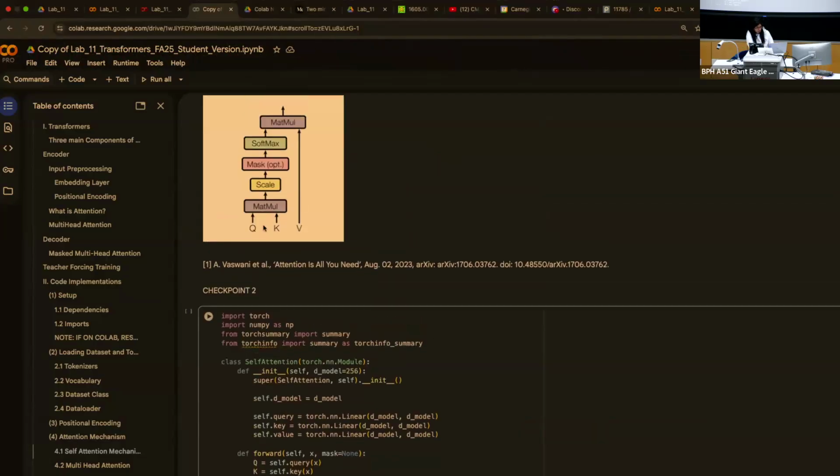Okay, so this matmul block, what do we think it should do?